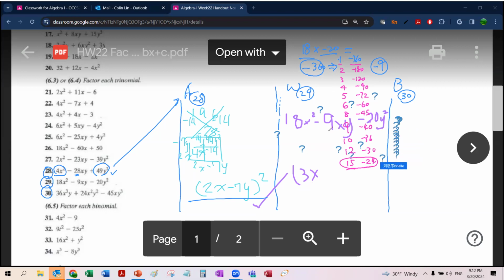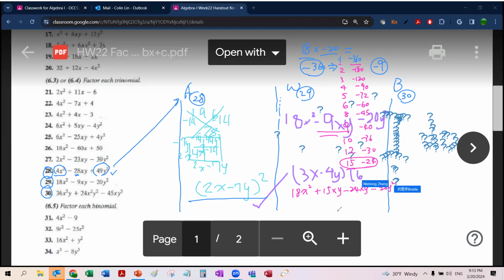All right, so it means this part breaks down into positive 15xy, negative 24xy, and minus 20y squared. Bree, you have a lot of question marks there too. All right, let's see these two groups.